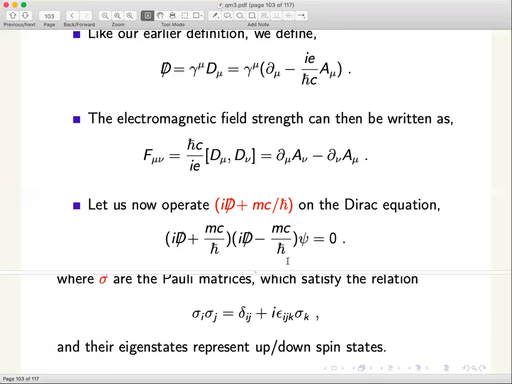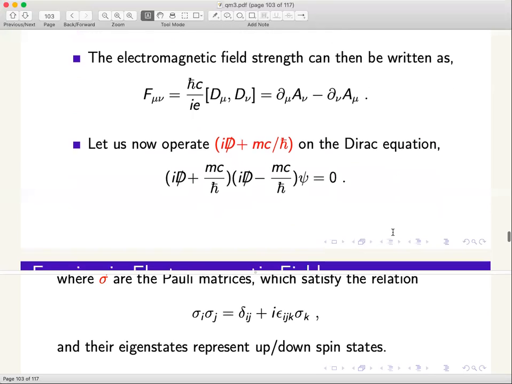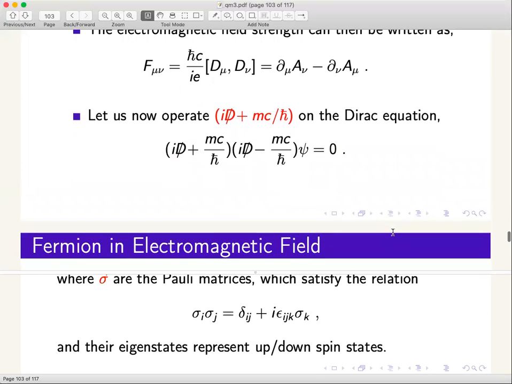Since the right side was itself 0, nothing special happens by this multiplication. But what we want to do is to open up this entire expression and write down the equation we get by opening this up. Is that fine?